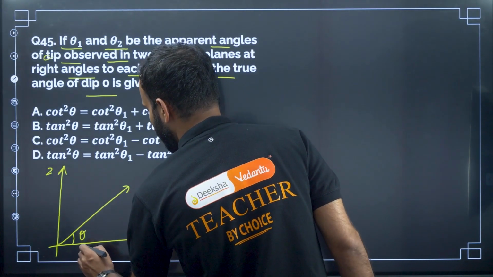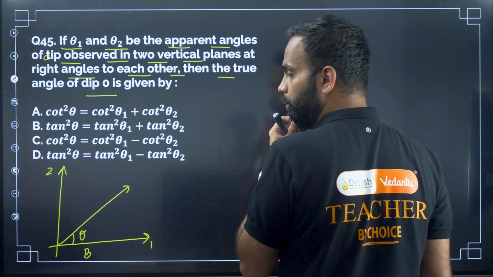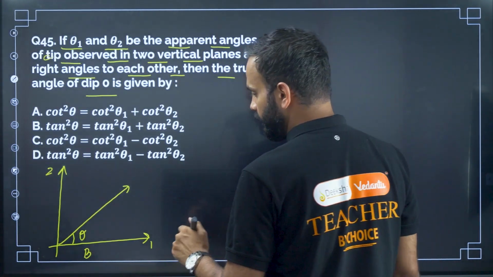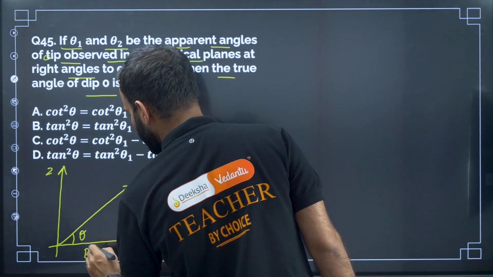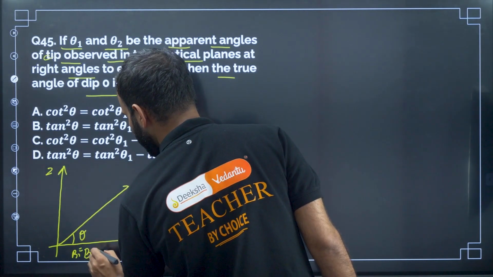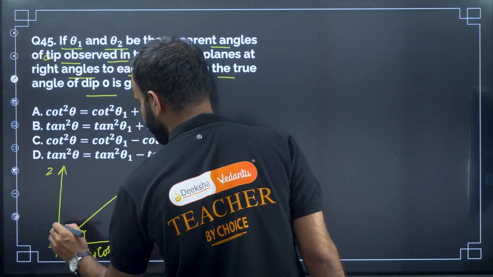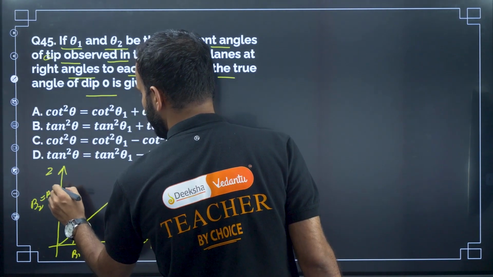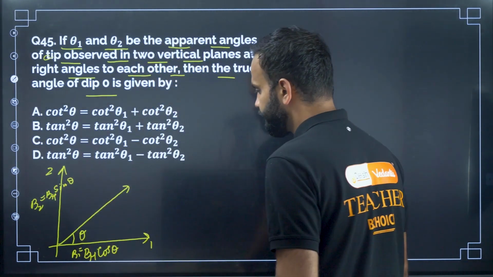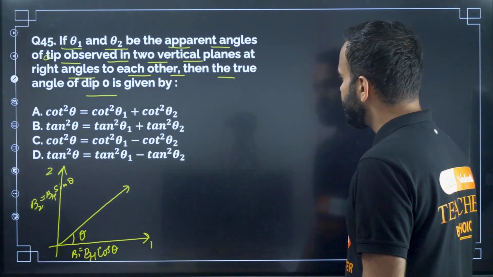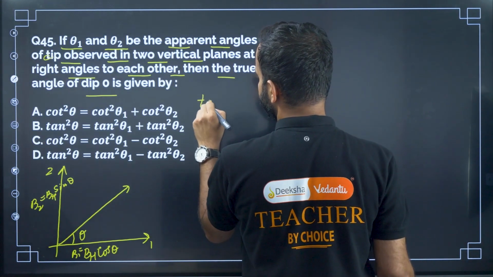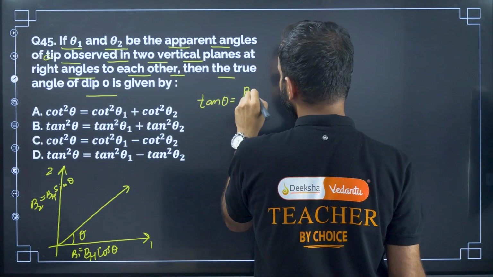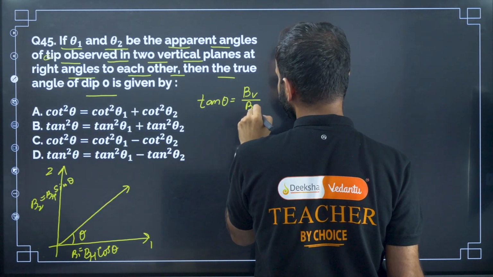So now here the vertical component of the Earth's magnetic field does not change, right? So here the horizontal components are B1 equal to BH cos theta and B2 equal to BH sin theta, okay. We know that tan theta is equal to BV divided by BH.